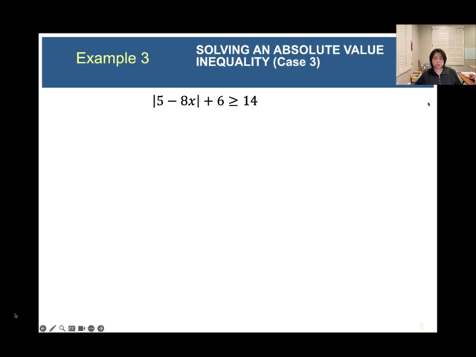Subtract 6 here, subtract 6 here. Okay, right? Make sure you have an absolute value greater than or less than a constant. Then you could apply case 2 or case 3. So this is a case 3. So we have 5 minus 8x less than or equal to negative 21, or 5 minus 8x greater than or equal to 21.